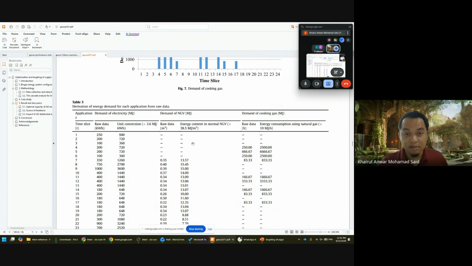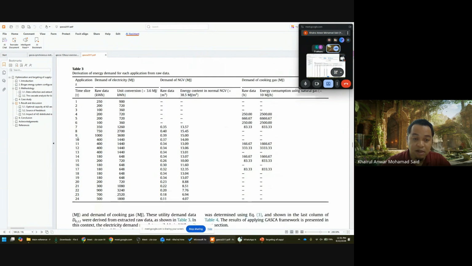You notice there is no demand at some times. This takes into account 24 hours. So this is hour one, meaning 1 a.m., until 12 a.m., throughout the day. The demand for NGV starts at 7.